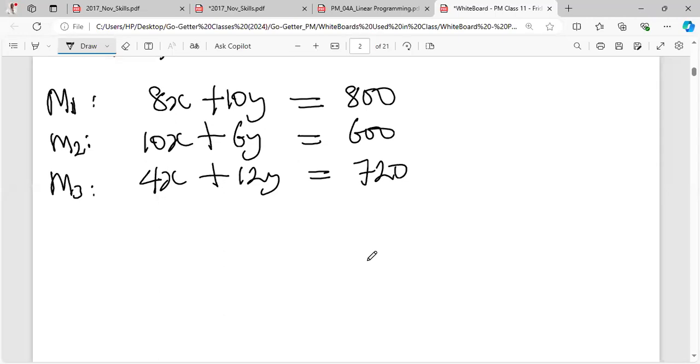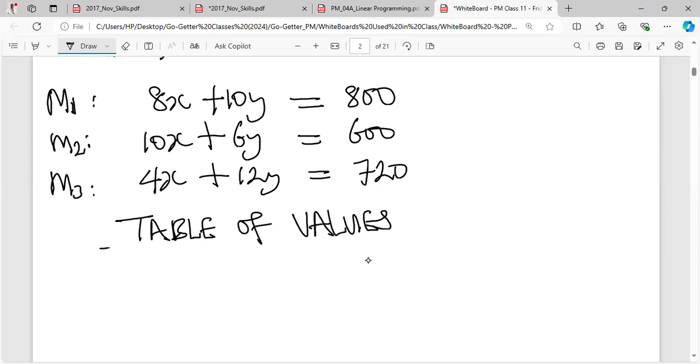And a line, because we are plotting a graph of a straight line, is the shortest distance between 2 points. So we're going to be taking 2 points. So look at what we are going to do now. We're going to do our table of values. So how is it going to be? We will now say this is constraint.